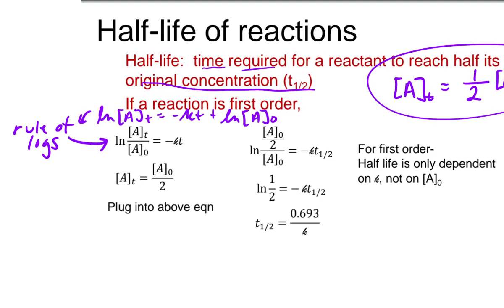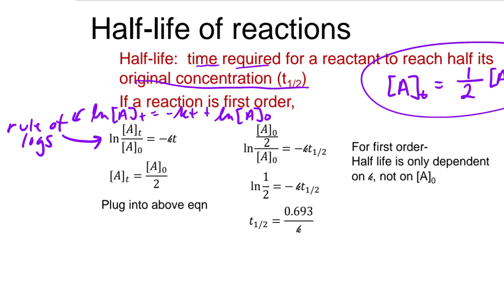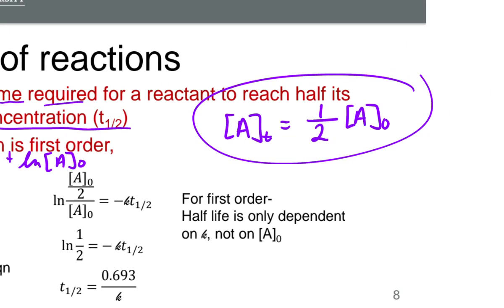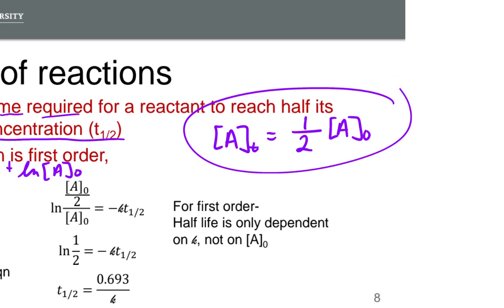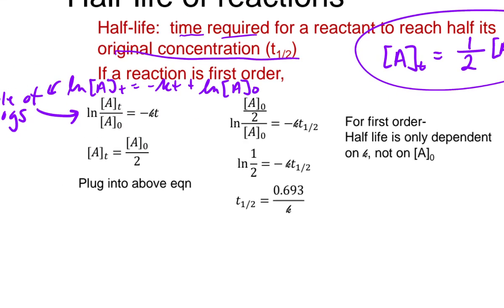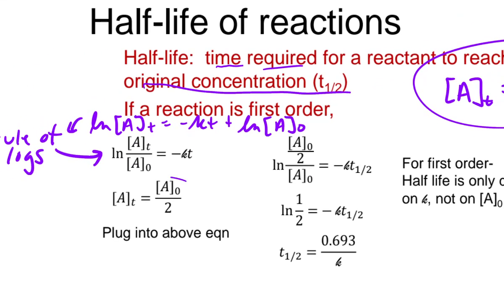Okay. So once we've rearranged our first order integrated rate law to look like this, what we can do is plug in this equation where A at time t is equal to 1/2 the initial concentration. That's this. Okay.